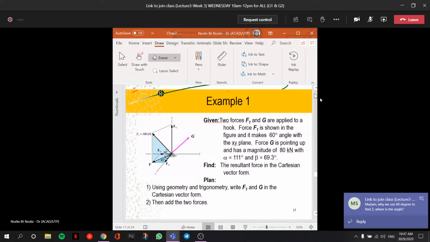Okay, now we need to find the G coordinate.